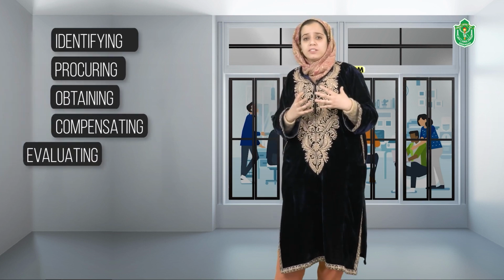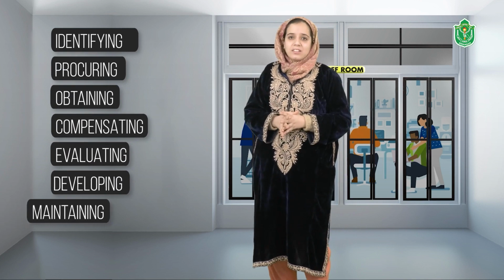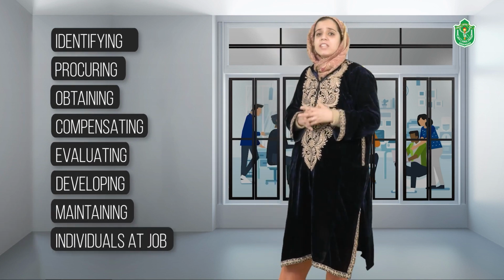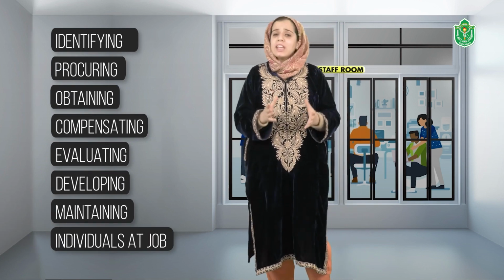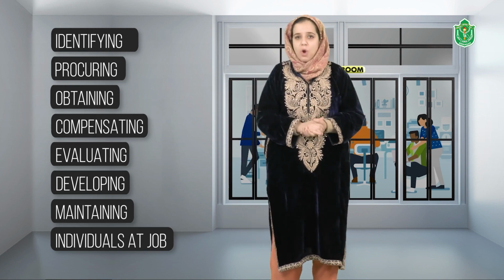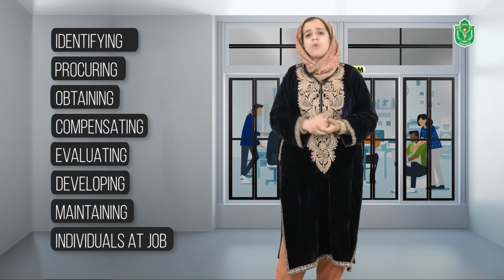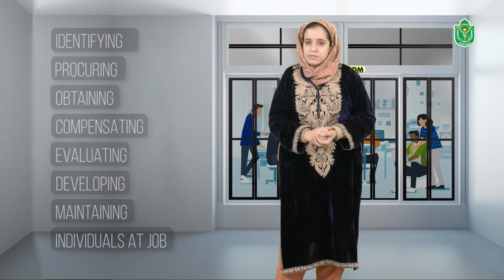It is that managerial function which helps in identifying, procuring, obtaining, compensating, evaluating, developing and maintaining individuals at job. So it involves a number of steps. The first step is to identify the manpower requirement of the organization.